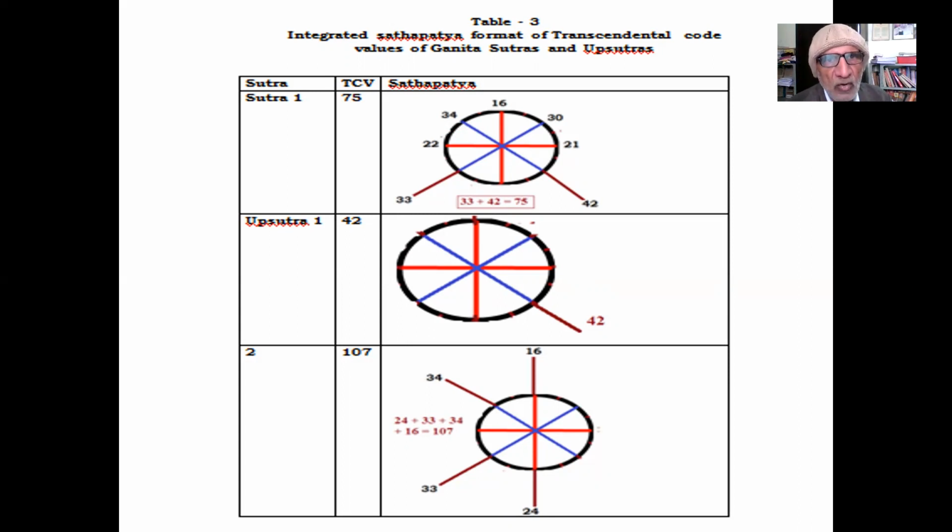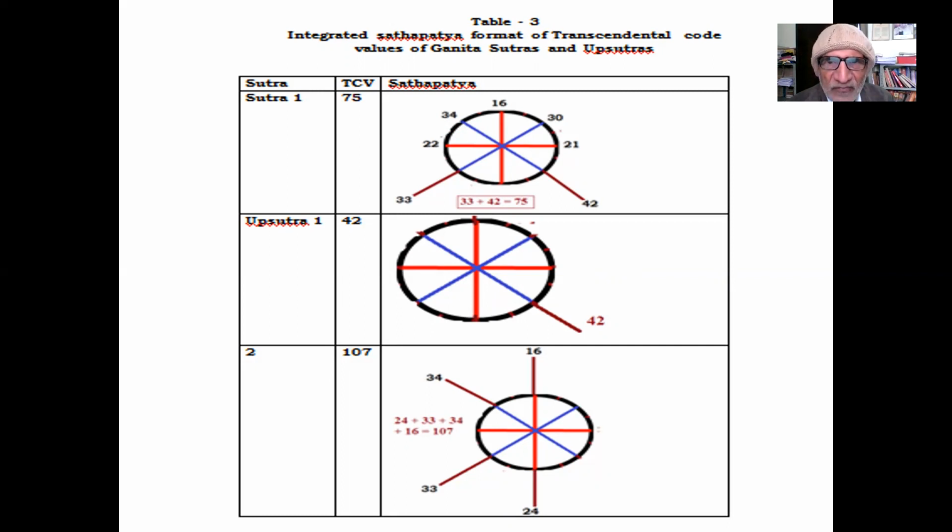say of Ganita Sutra 1, as of 75 transcendental code value, parallel with the twofold flow towards Ishan cone and Naritya cone. It is to be followed by Ganita Upsutra 1, and it is of transcendental code value 42, and the same is parallel with one directional flow along the west-south direction of transcendental code value 42.